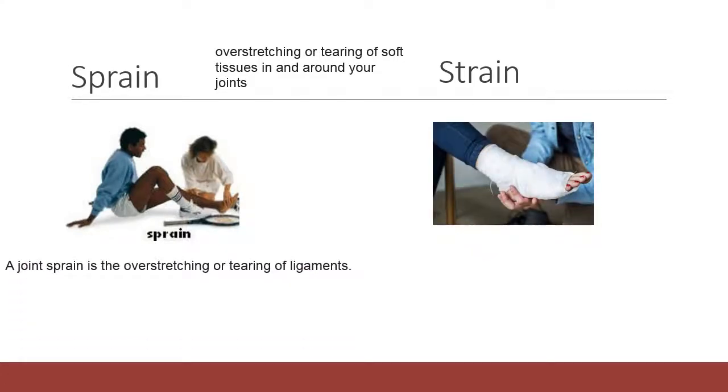When we use the verb sprain, we're talking about a joint sprain, that is the overstretching or tearing of ligaments. And a strain is the overstretching or tearing of muscles or tendons. So remember, a sprain is about ligaments and a strain is about muscles or tendons.